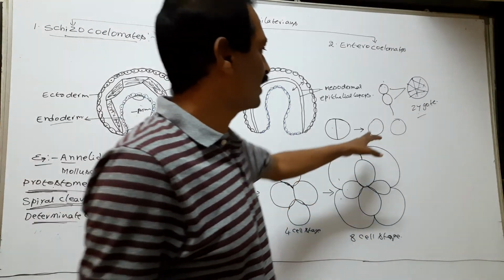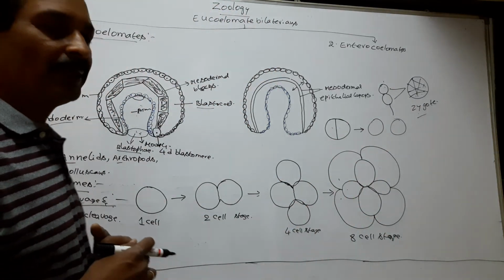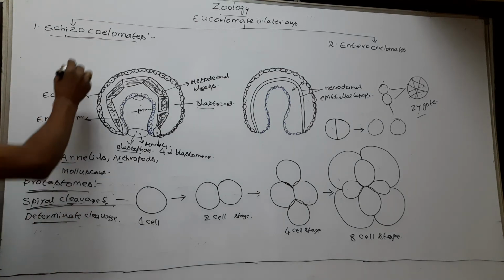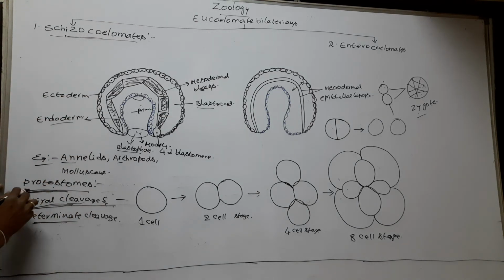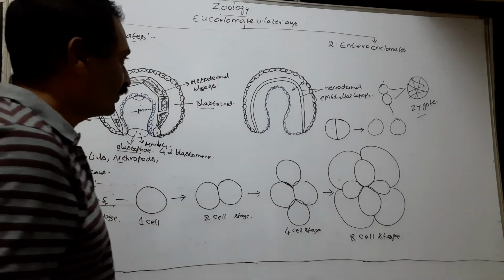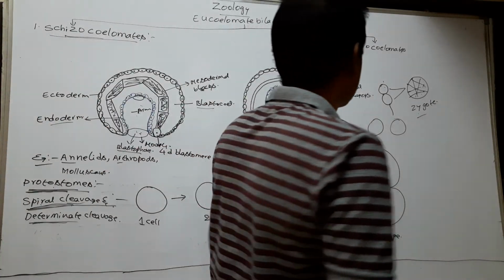So separated cells cannot produce a complete embryo. This type of cleavage is called determinate cleavage. So schizocoelomates are protostomes. They show spiral cleavage and determinate cleavage. So this is schizocoelomates. Next, enterocoelomates.